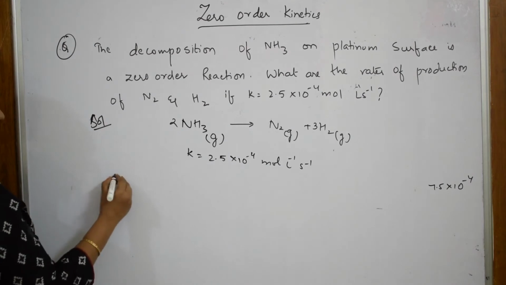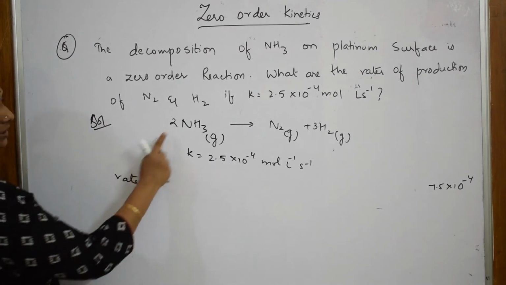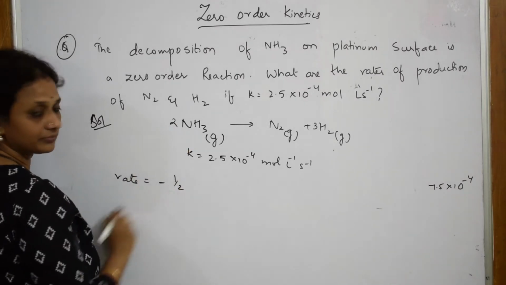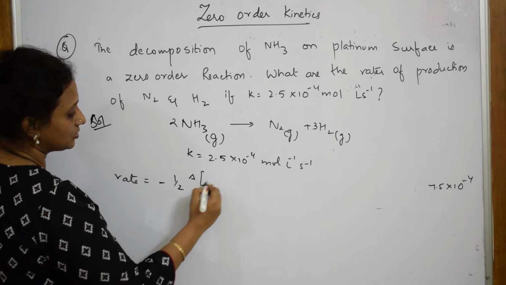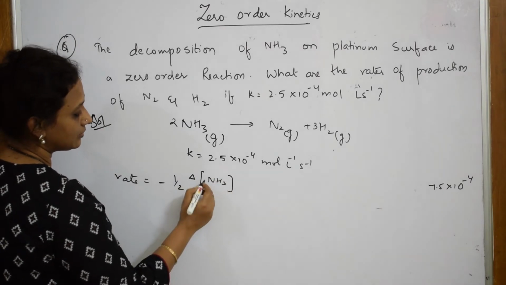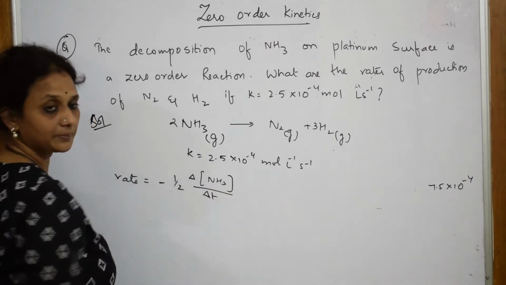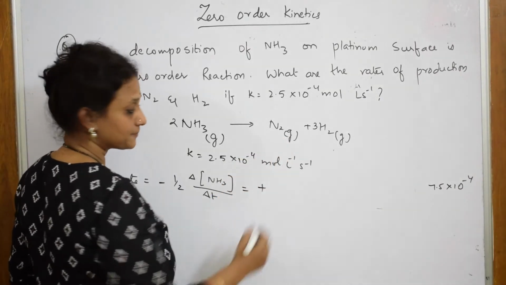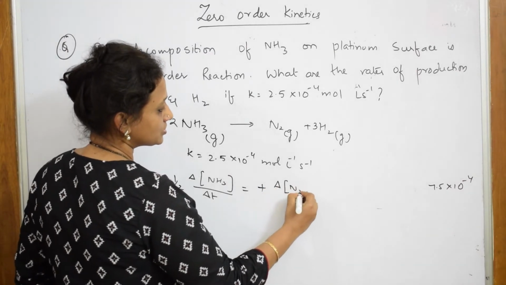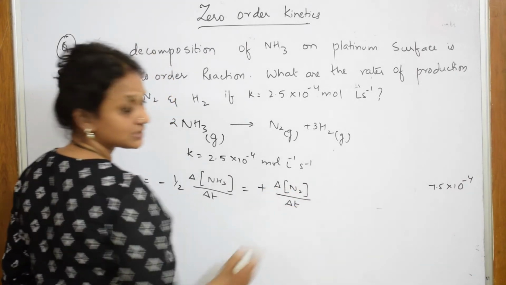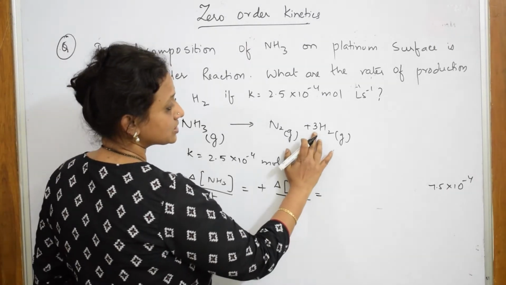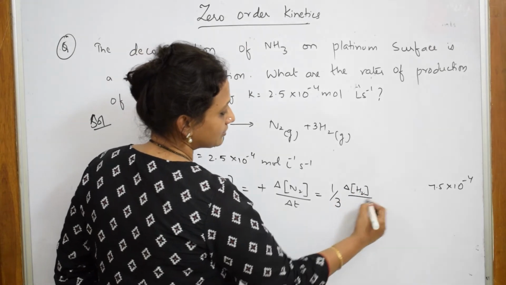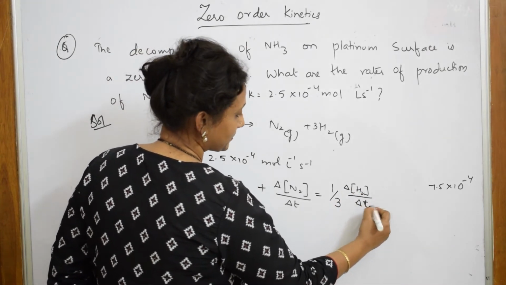Now, if I write the equation for this, rate is equal to, for this is the reactant, minus half, correct, delta concentration of ammonia divided by the change in time, which is equal to, there is no coefficient, plus change in concentration of nitrogen by change in time, which is equal to, there is a coefficient 1/3, change in concentration of the hydrogen by change in time.